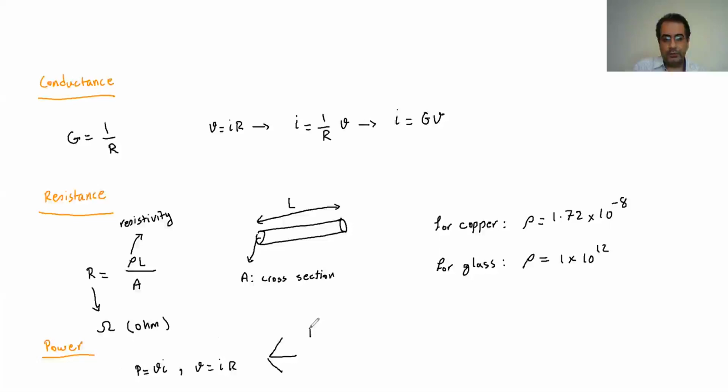Either you write it as P is VI, or P is equal to R I square, or P is equal to V square divided by R. So if you combine these two equations, you can get these two.